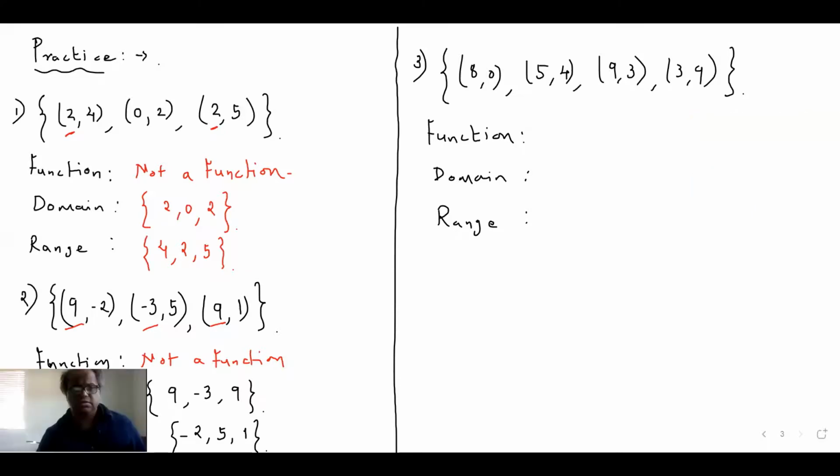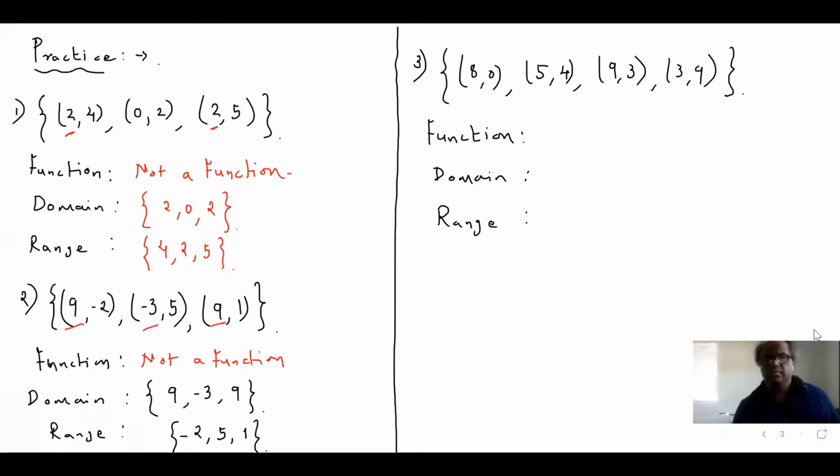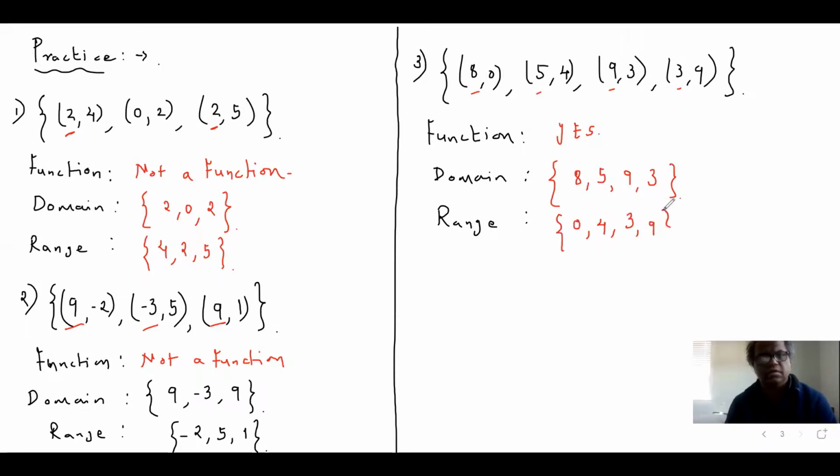And the last piece would be: yes, that is a function because you have a unique value of x. Domain would be 8, 5, 9, 3, and range would be 0, 4, 3, 9, and that's it.